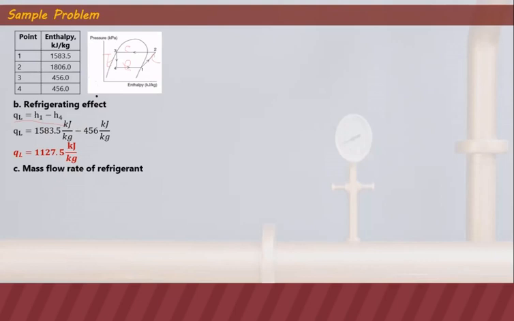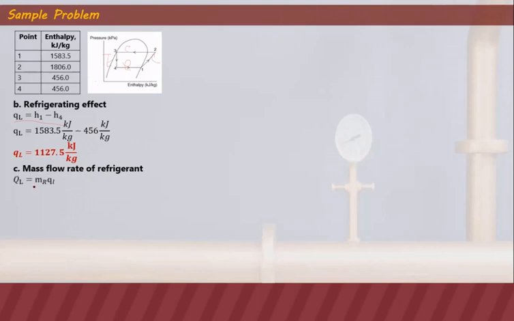The tons of refrigeration is the refrigerating capacity in tons. All we have to do is convert that into kilowatts and then use that to get the mass flow rate of the refrigerant.